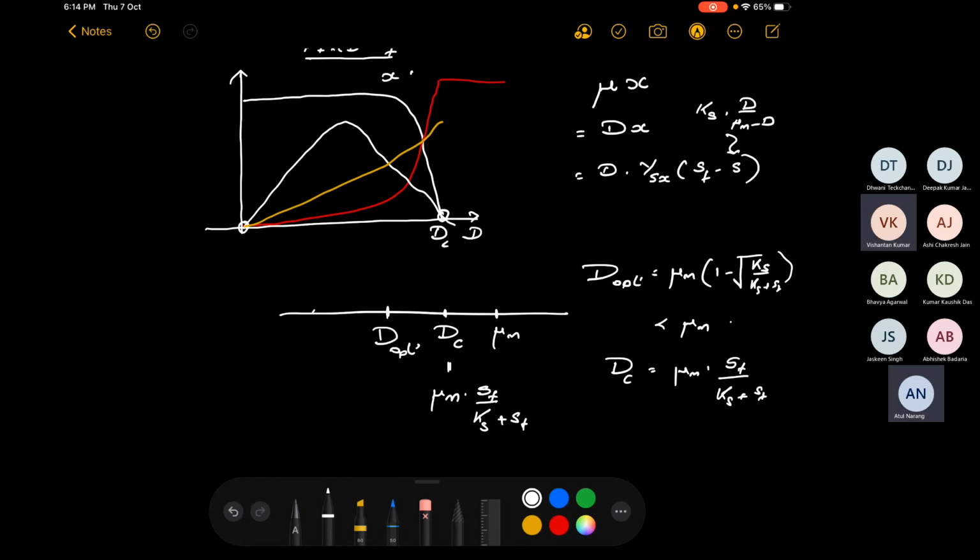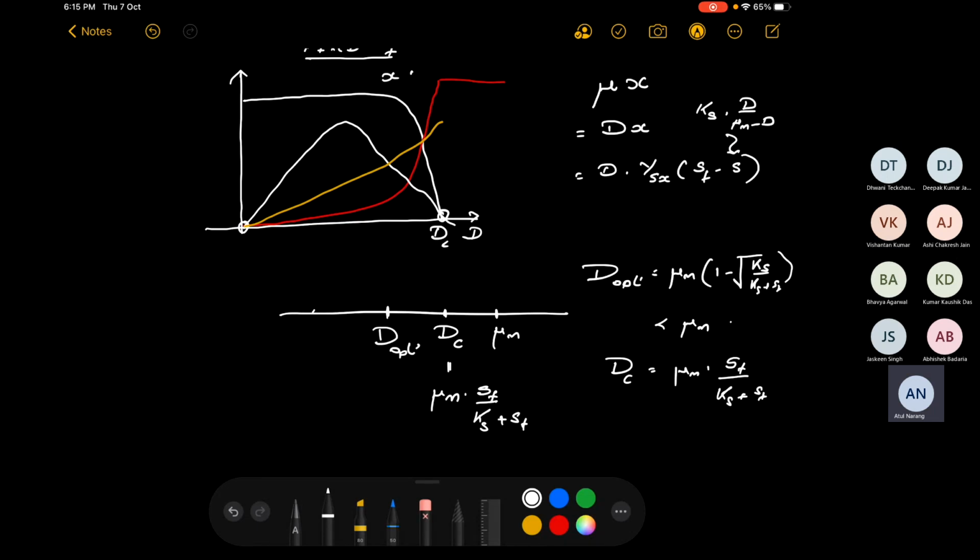Inoculated with 1 gram dry weight, but in how much volume? So it should be 0.01 gram dry weight per liter. Now what's the answer for cell density? So it should be 4.01. Intuitively, that should make sense to you.